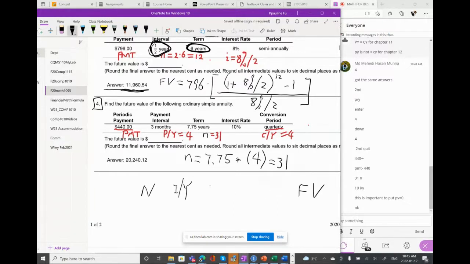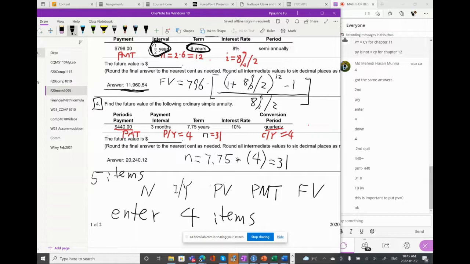Anytime you need to enter 4 items to calculate the last one. There are 5 items here, and you must enter 4. That's why for FV, PV is 0. If you don't enter PV 0, you only entered 3 items. Okay.